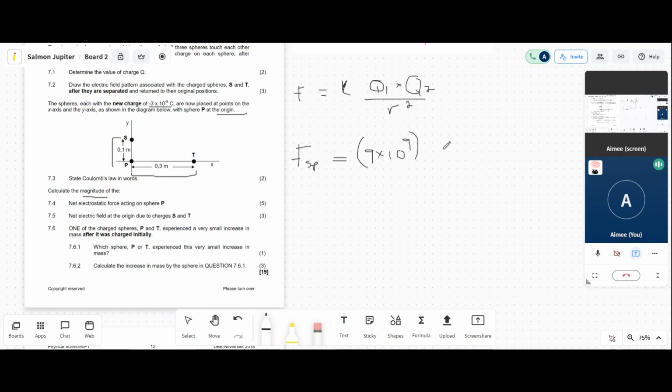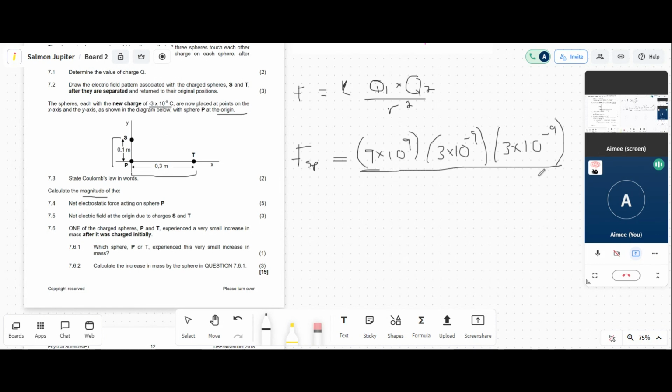So for Q1 and Q2 in both calculations, we're just substituting in 3 times 10 to the power of negative 9 times 3 times 10 to the power of negative 9. Because Q1 is the charge on S, which is 3 times 10 to the negative 9, and Q2 is the charge on P, which is also 3 times 10 to the negative 9. Like I said, if you look in your description here, they all have the same charge.